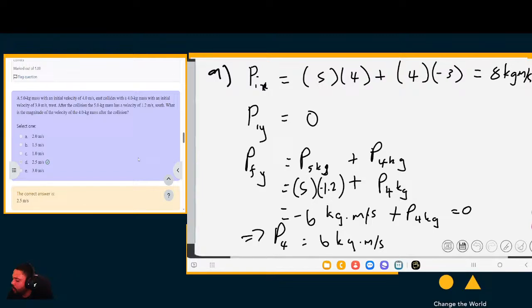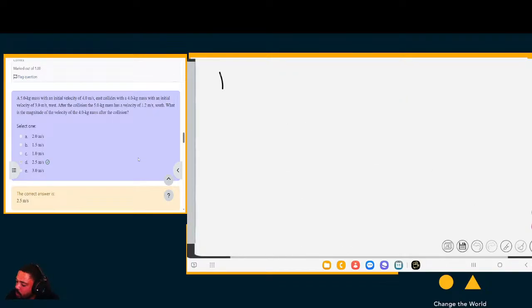So now we have the final momentum of the blocks in the y direction, but we also need the final momentum in the x direction. Its initial momentum in the x direction is 8 kilogram meters per second.